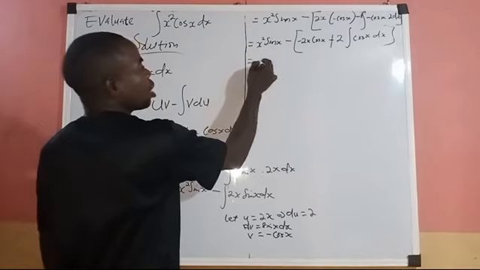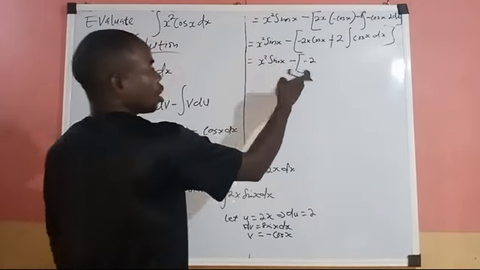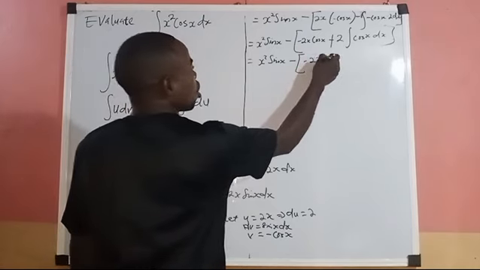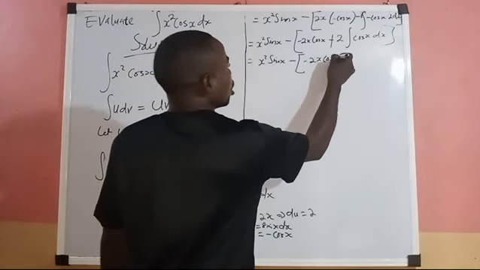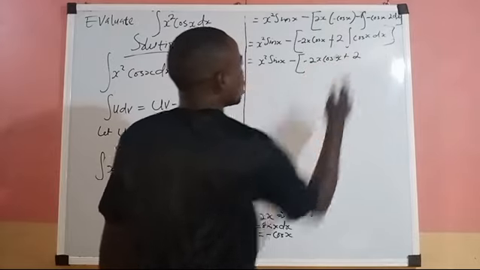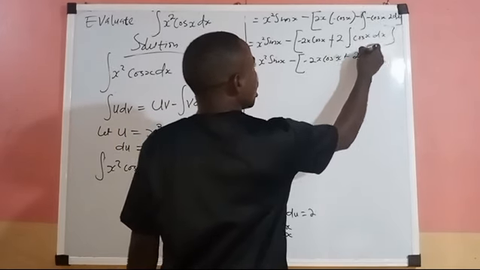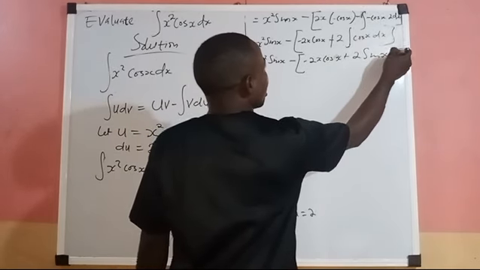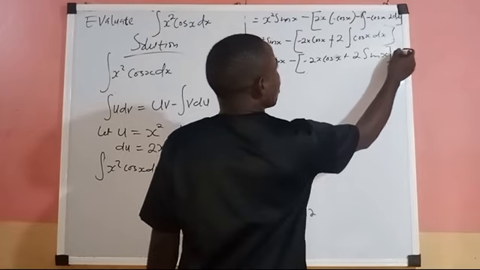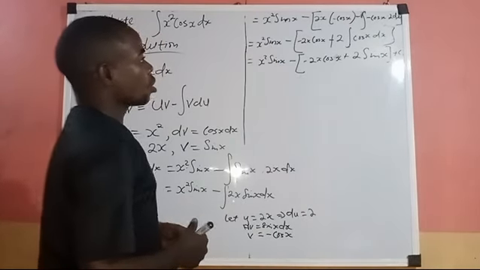So what I'm going to have here is x squared sine x minus, I open my bracket, 2x cos x plus 2. If I integrate this, the integral of cos x is going to give us sine x, and then let me close this, and I'll put my constant of integration.